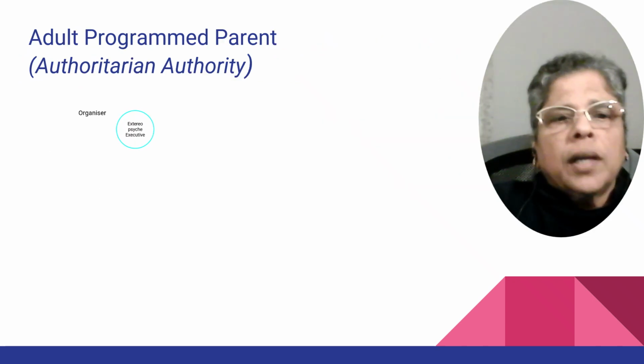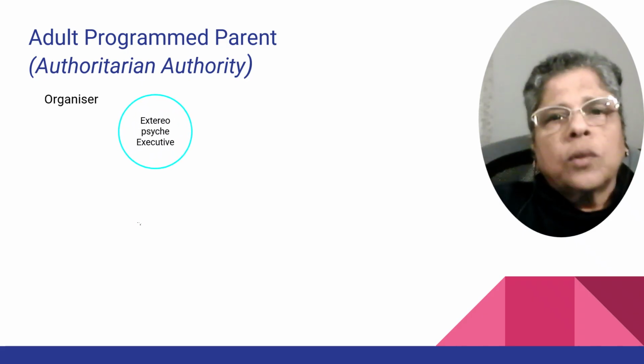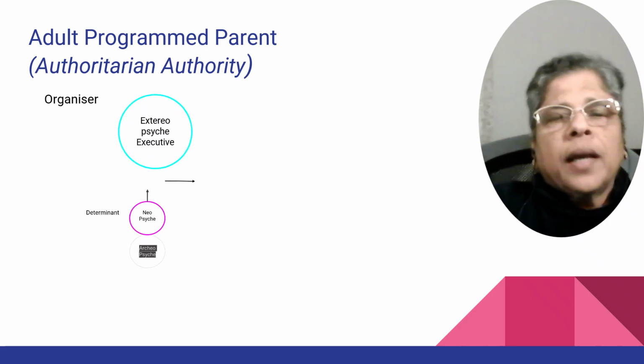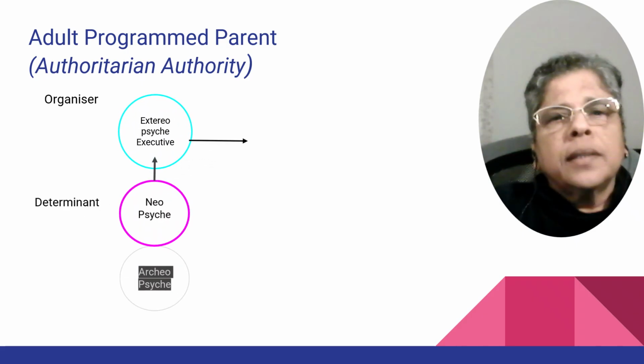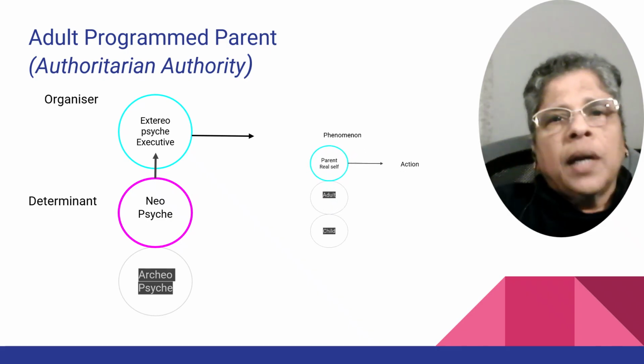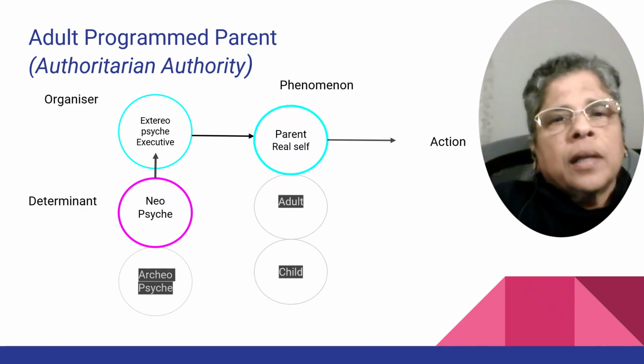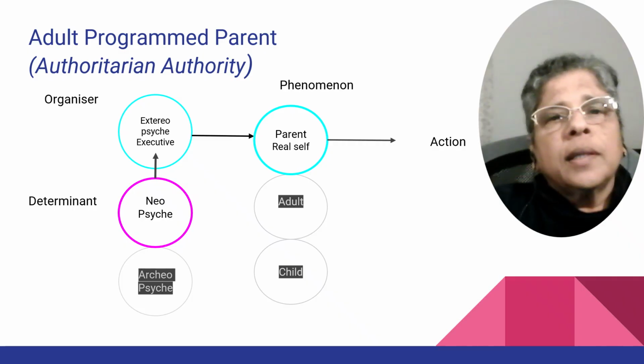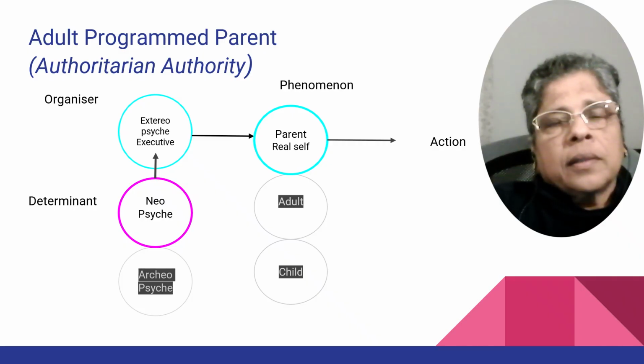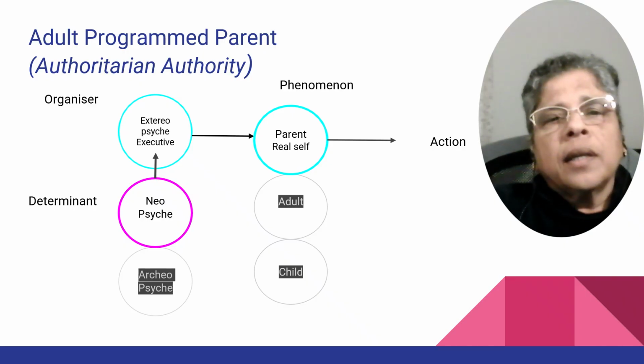Here the organizer is the exteropsyche or the parent, and the influencer or the determinant is the neopsyche or the adult capability. So what happens is the manifestation is an authoritarian parent part. The information or the probability are used by the authority. That is why it is called authoritarian authority.